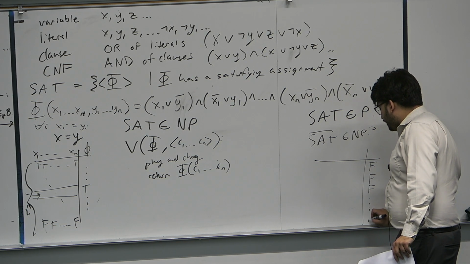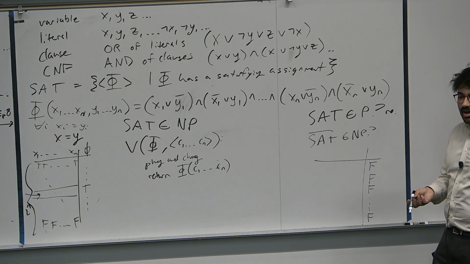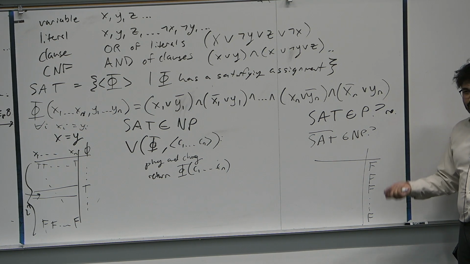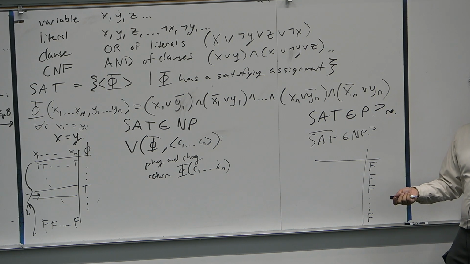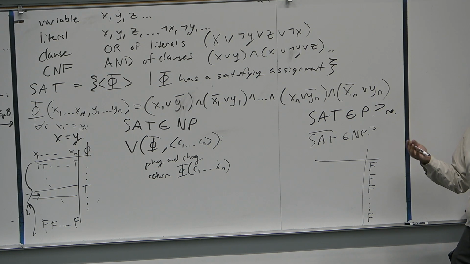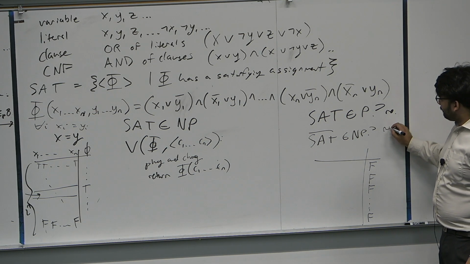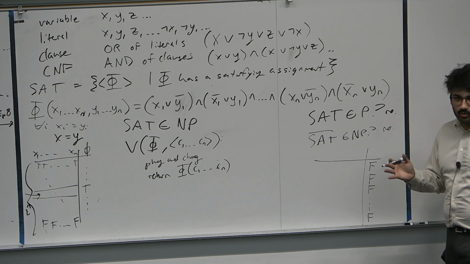If there is no T, they are all F. A formula is unsatisfiable if and only if its truth table is full of all F's. Can you efficiently convince someone that a formula is unsatisfiable? No. You can't prove it, but that appears to be the case. These are not formal proofs because we can't prove this, and if you could, you would win $1 million.